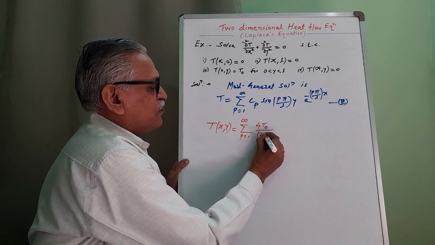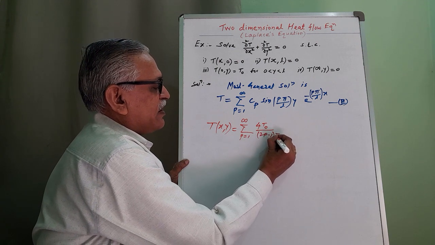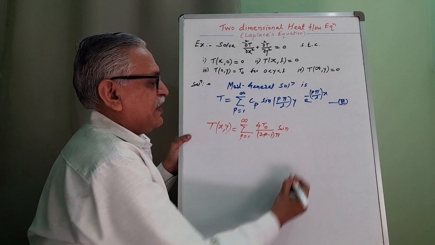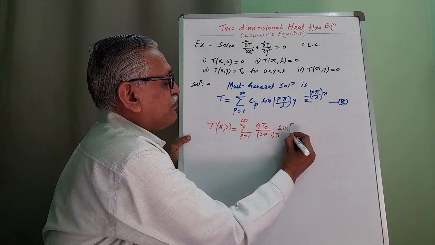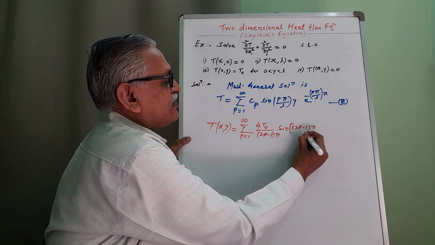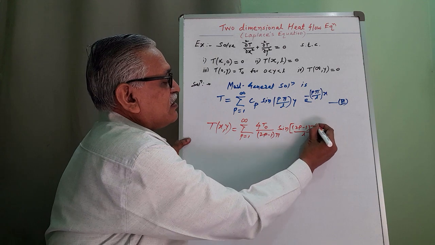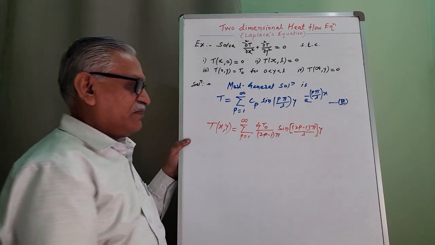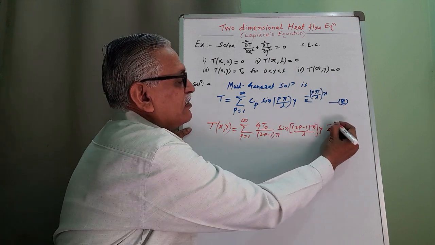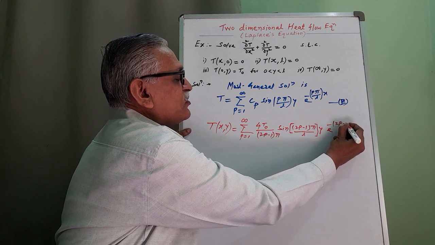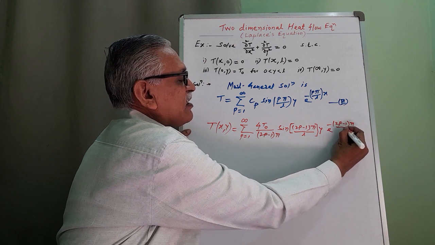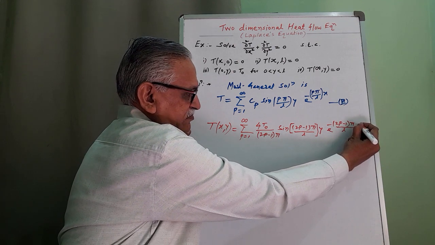We have to replace p by (2p minus 1) times pi, sine of p pi, again replace p by (2p minus 1) times pi divided by L into y, and e raised to minus p, p is again replaced by (2p minus 1) times pi divided by L into x.